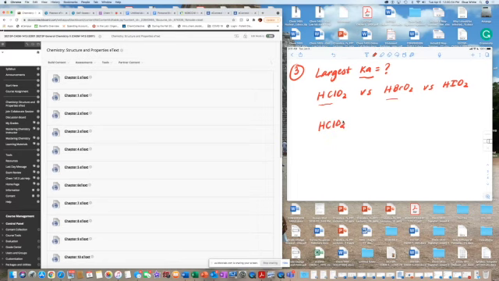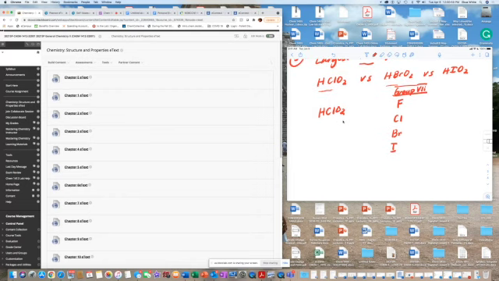HClO2. If you look at the group arrangement in the periodic table, where's my periodic table? Right here, we have F for group 7, right? In group 7, we have F, we have Cl, we have Br, we have I, right? And so at some point during the PowerPoint, you looked at comparing binary acids, right?